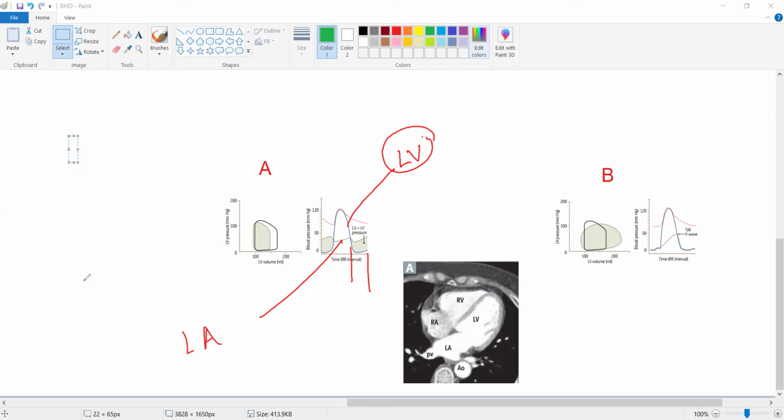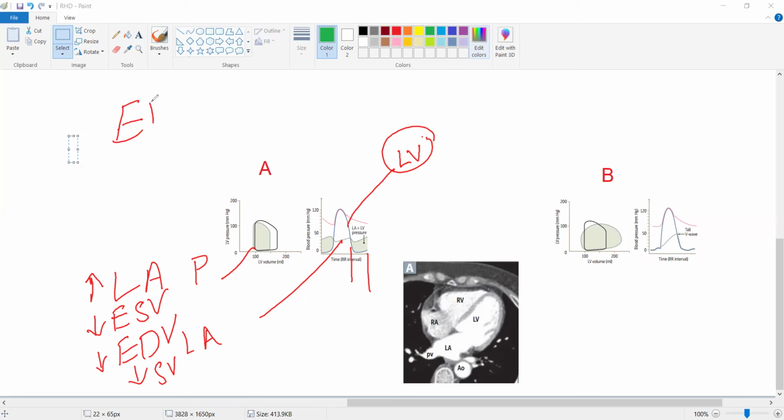So left atrial pressure is increased in mitral stenosis, and systolic volume will be decreased, diastolic volume is also decreased, and stroke volume is also decreased, right?